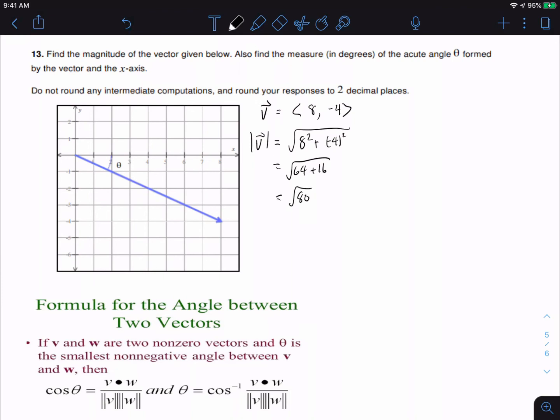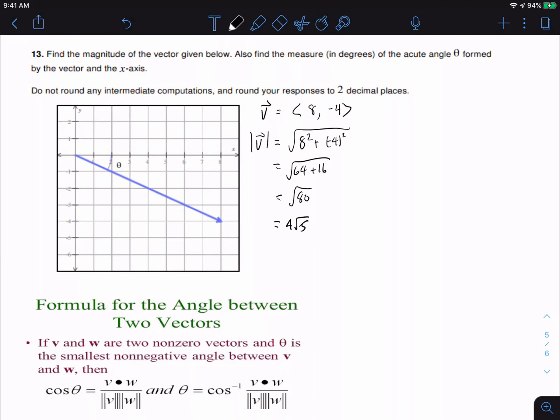I could clean that up some if you wanted me to. I could go 2 root. Let's see, can I go bigger? 16 times 5. I think 16 times 5 works. Is that right? 16 times 5?